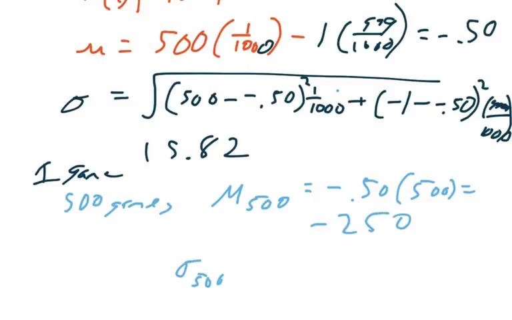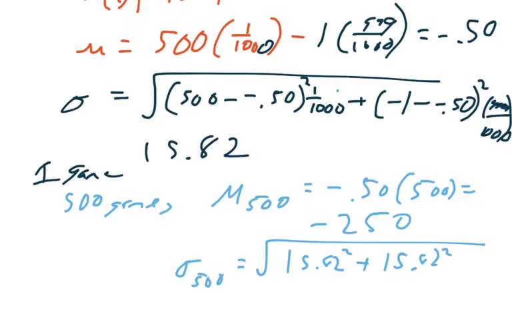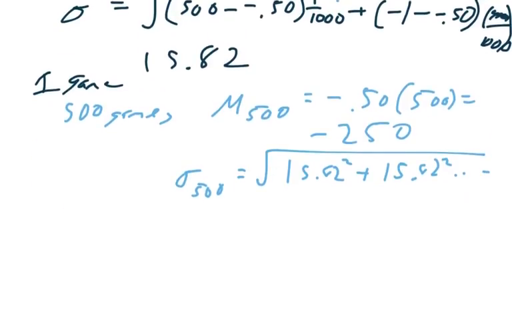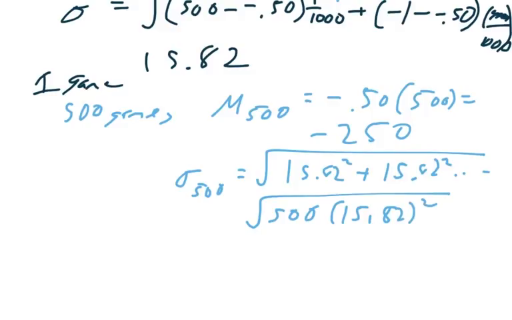The standard deviation for 500 games would be the square root of 15.82 squared plus 15.82 squared, but we'd have to do that 500 times. So instead of doing it 500 times, I'm just going to do the square root of 500 times 15.82 squared. And so my standard deviation would be $353.75.